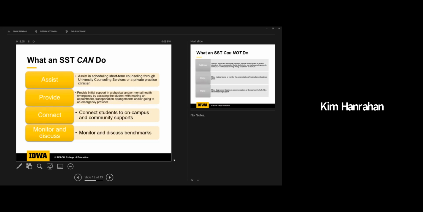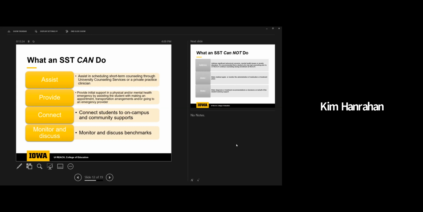We can also assist in scheduling short-term counseling, either here at University Counseling Service or with a private practitioner. We can support during an emergency by assisting a student in making an appointment, or we can get transportation for that student to an emergency room and meet them there.